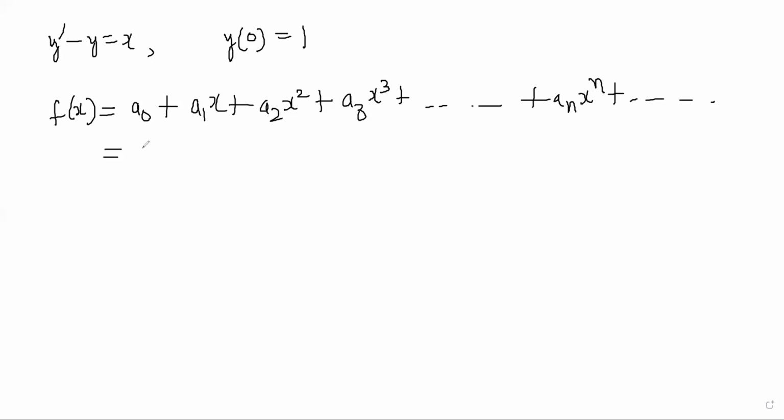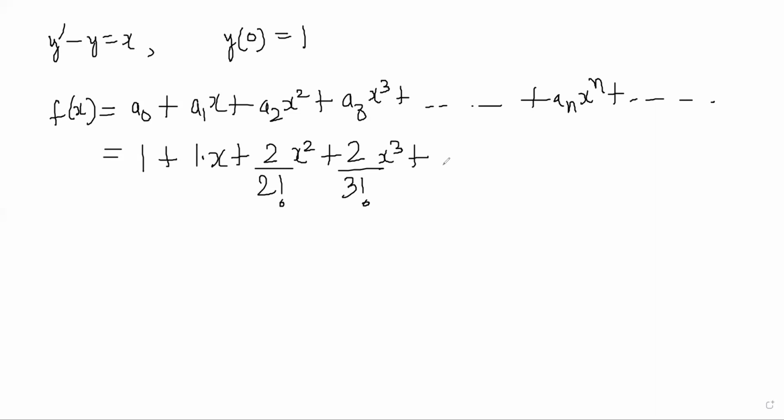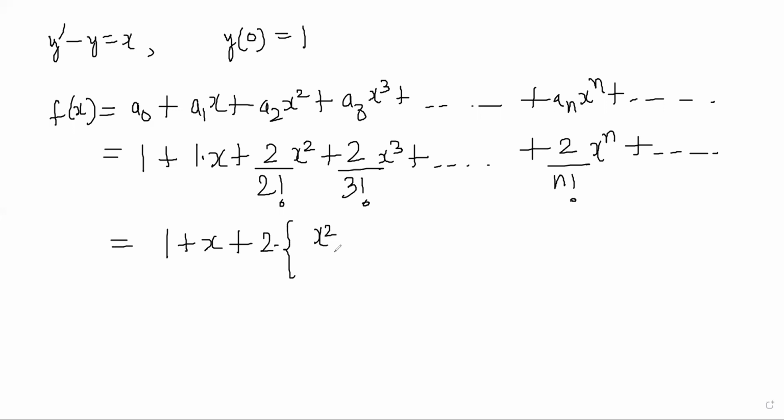And what we get is a0 is 1, a1 is 1, a2 is 2 by 2 factorial x square, this is 2 by 3 factorial x cube and so on. Same pattern repeats. This will be 2 by n factorial x power n plus so on. So how is that helpful? Because now we can take 2 common here and write it as x square by 2 factorial plus x cube by 3 factorial and so on.